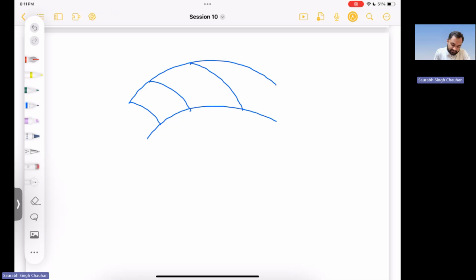How will it be rotating? Something like this. This whole thing will be rotating about this axis. Let us say this is the center, and this is the radius. It is rotating like this, right?